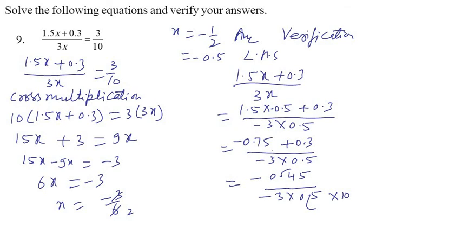Now subtracting, we get 0.45 and it is minus 3 into 0.5. Now removing the decimals, there are 2 places, so we multiply by 10. Now negative cancels with negative, and 5 times 9 and 3 times 3 is 9. So it becomes 3 upon 10, and that is the right hand side of the equation, hence verified.